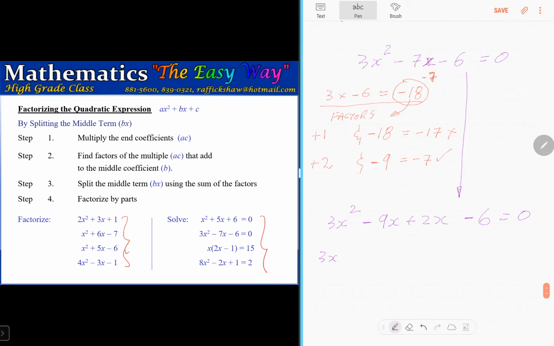When you factor 3x out of 3x squared minus 9x, you are left with x minus 3. So the bracket x minus 3 must appear in the second part as well. I always put that first because the two brackets must have the same thing.